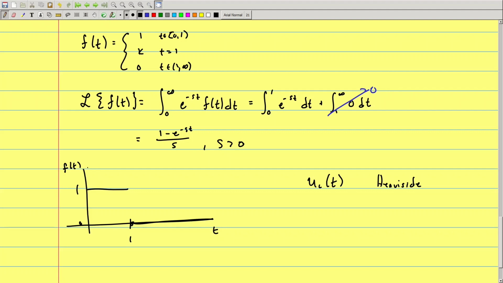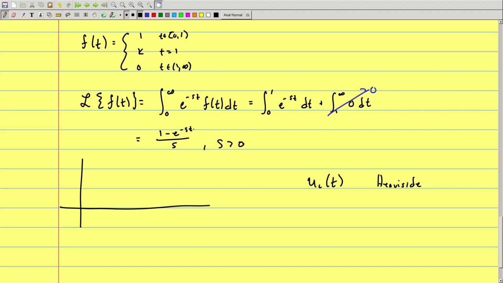The Heaviside function is 0 until some value c, and then it jumps up to 1.